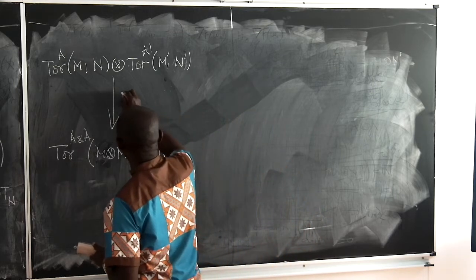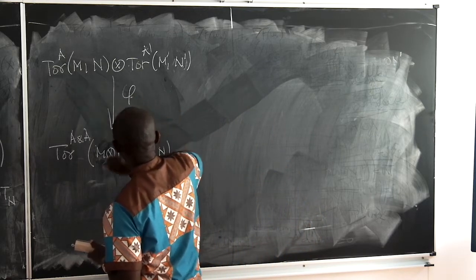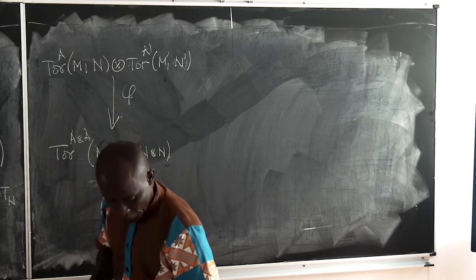We have this relation here. Let's call this map phi. Okay.